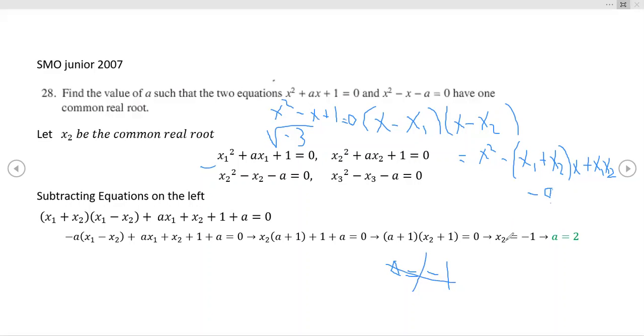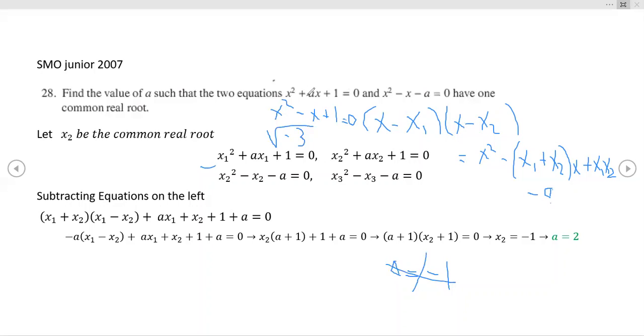Now the other one works out just fine: x sub 2 equals -1. You can see very quickly that this implies a would have to equal 2. You can check it in either spot. If x sub 2 is equal to -1, you would get 1 plus 1, which is 2, equals a. And you can verify the very same thing over here.